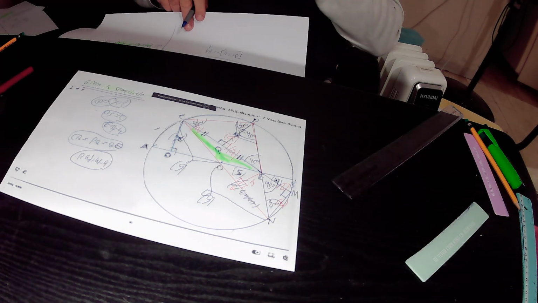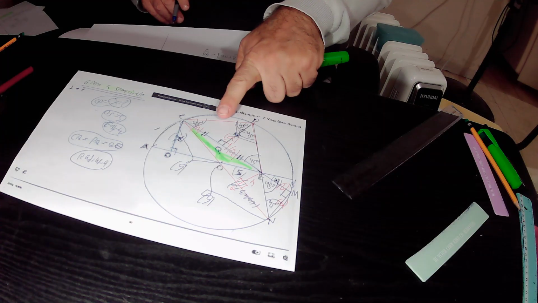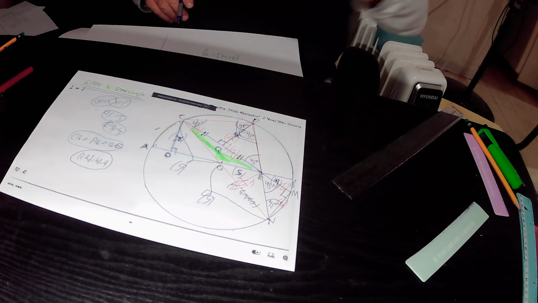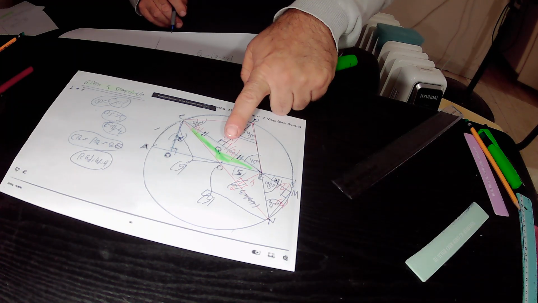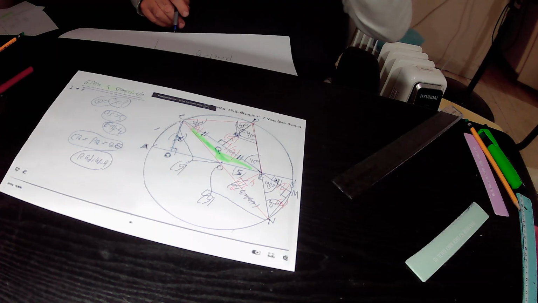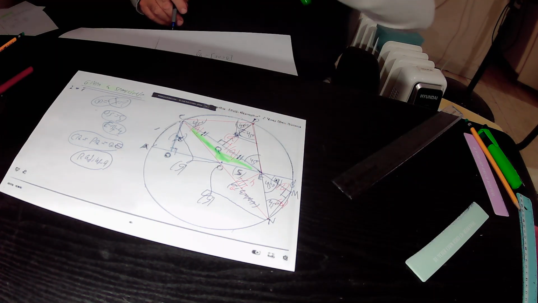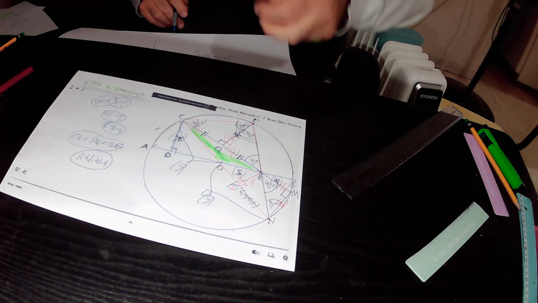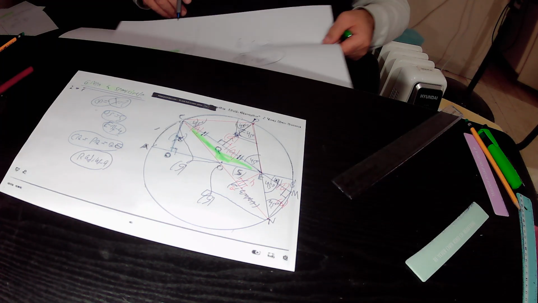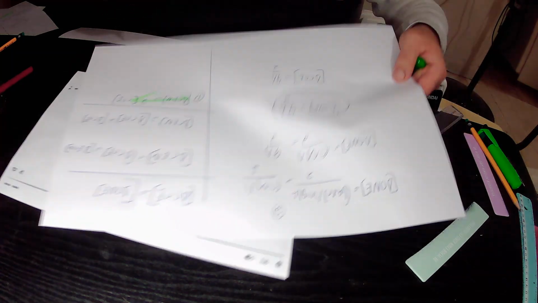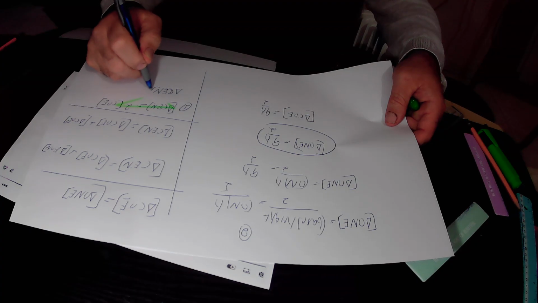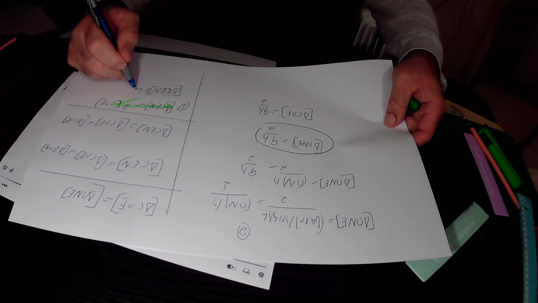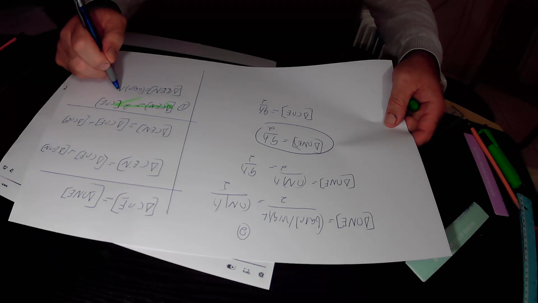In the next step, we will calculate the area of this big triangle CEN by using the formula that the area of any triangle equals the base of the triangle times the height over 2. So the area of the big triangle CEN equals the base of the triangle times the height over 2.